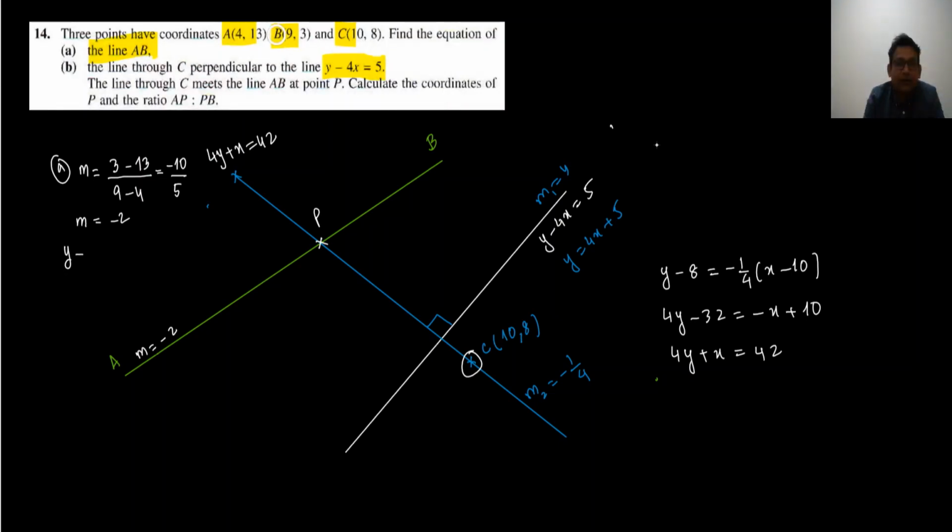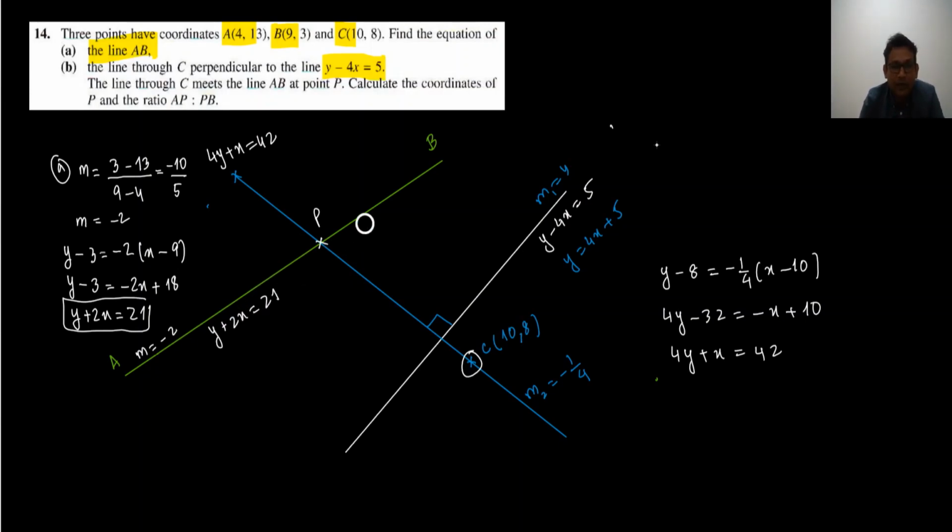I'm taking B. y minus 3 equals minus 2 times x minus 9. So y minus 3 equals minus 2x plus 18. The final equation is y plus 2x equals 21 when we move to the right-hand side.